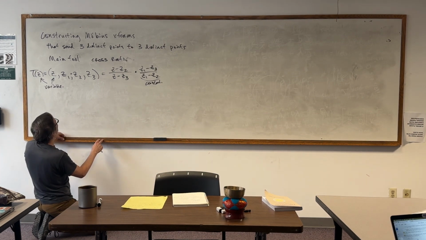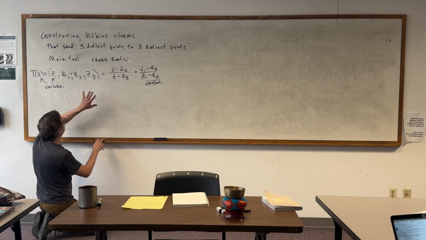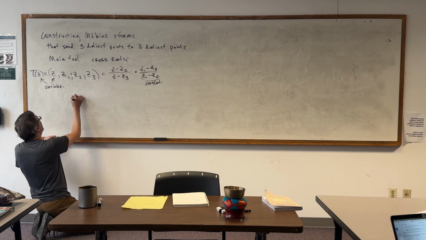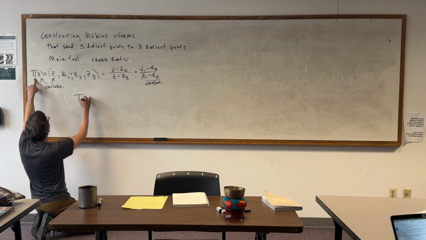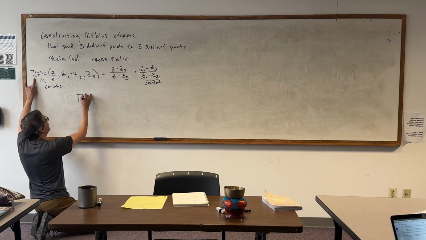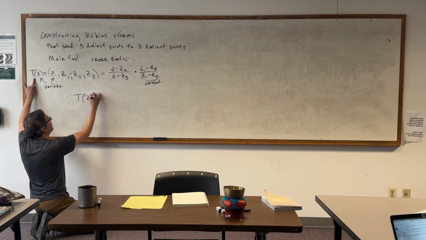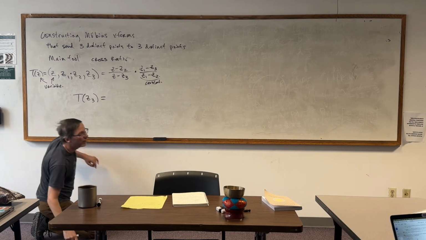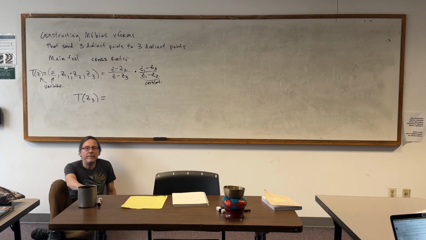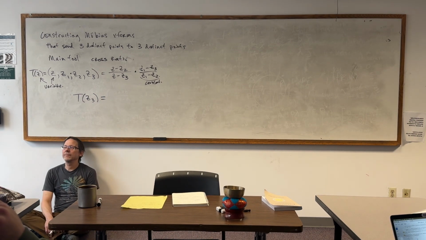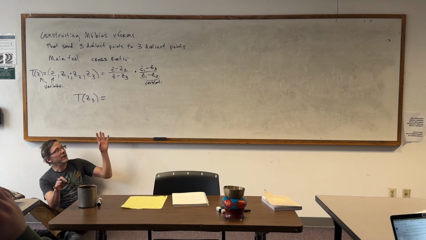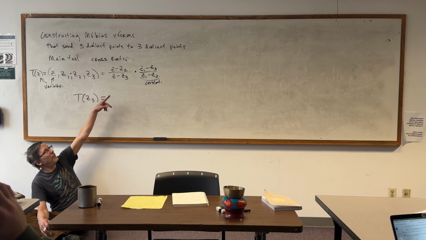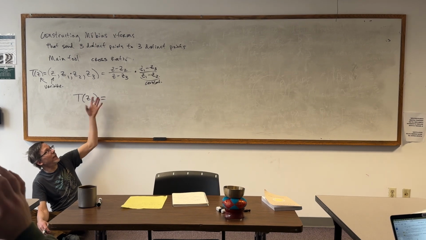But I am. So let's think about some interesting points here. If I treat this as a transformation T of Z, what is T of Z3? Remember, the points are all distinct, so it can't be equal to Z2. Z3 can't equal Z2.